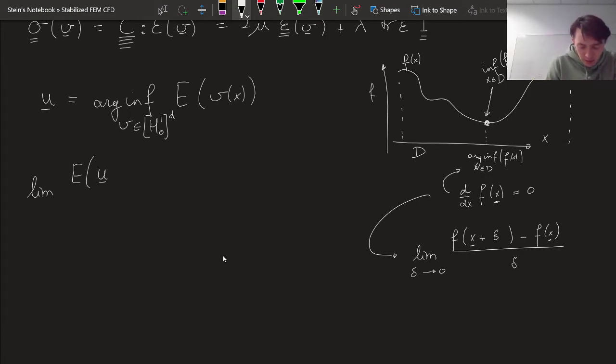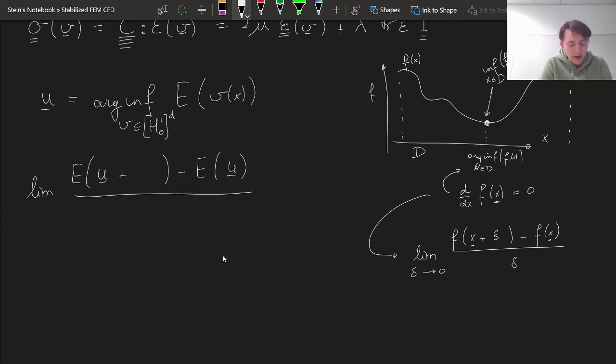So here we should do something similar. Somehow I'm going to increase u with something. Then I'm going to subtract my energy at the point u again, and then I'm going to divide by somehow that thing that I'm adding here. So how am I going to do this? The thing that E takes as an input argument is a function.